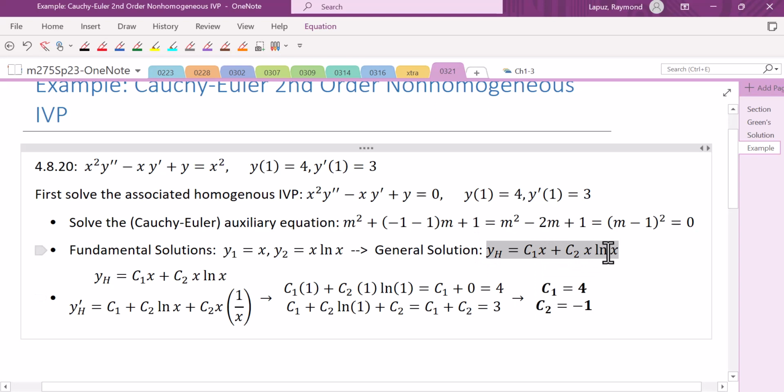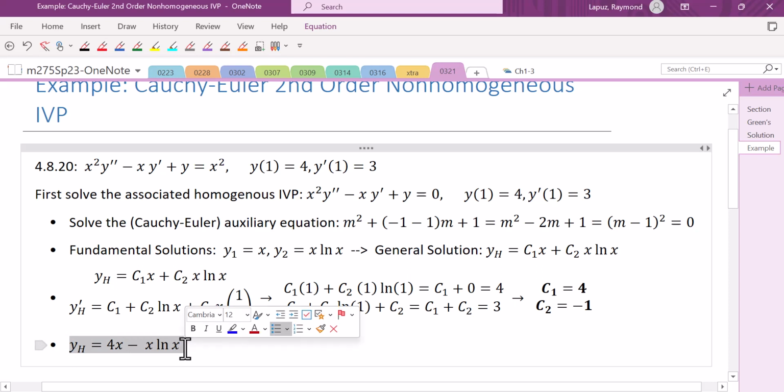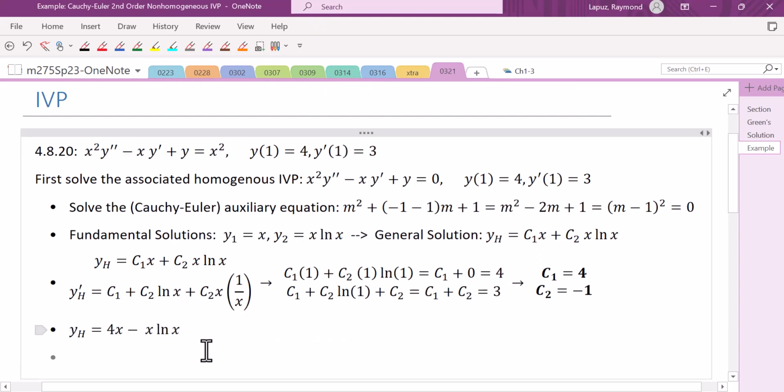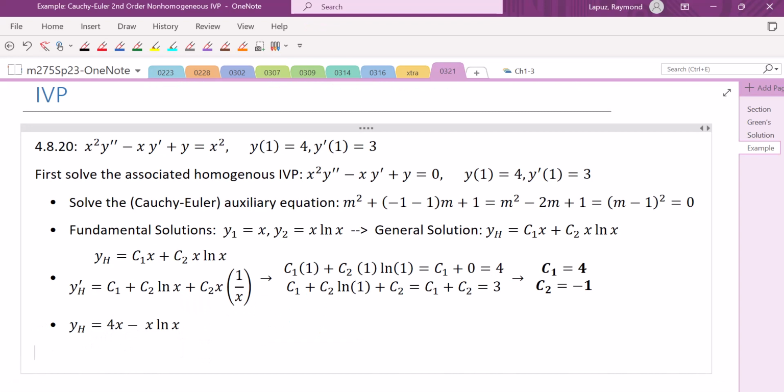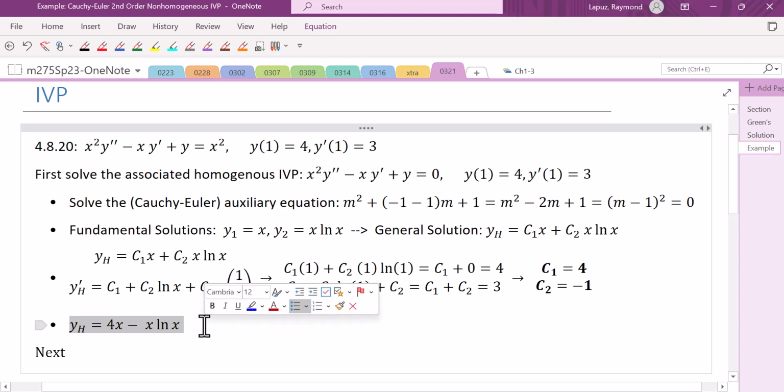So then now we can write our IVP solution. y sub h of x is going to be 4x, and then minus x ln x. Okay, so that's the first part. We got this done.